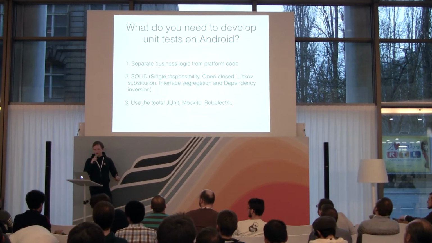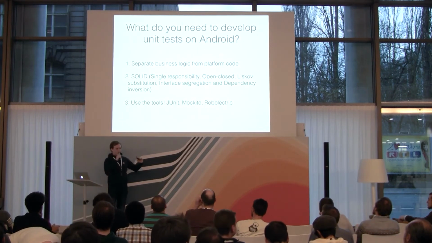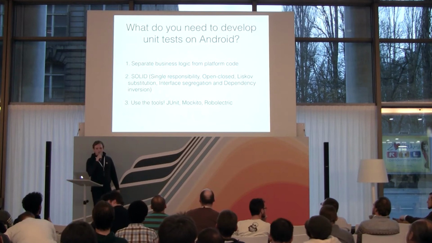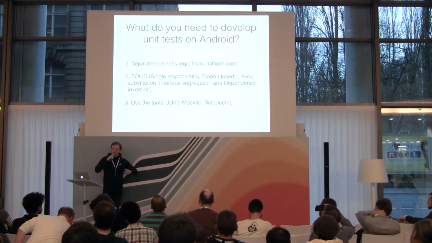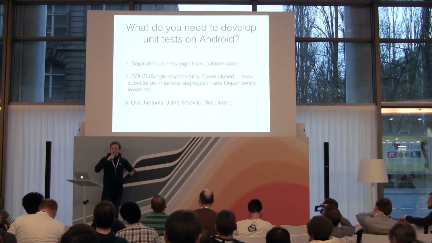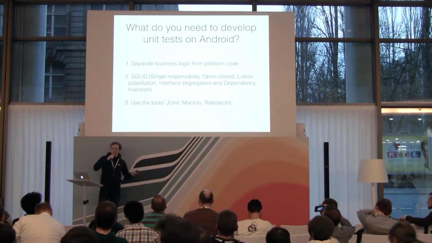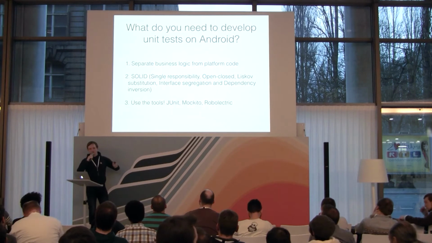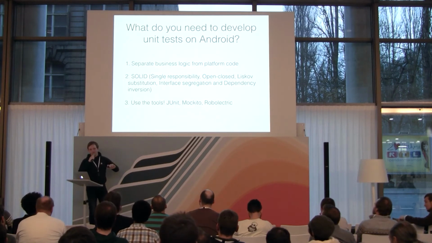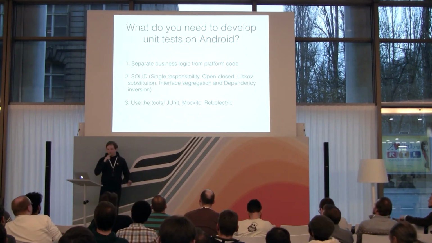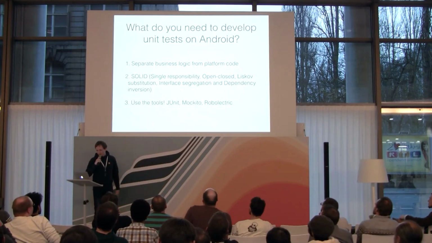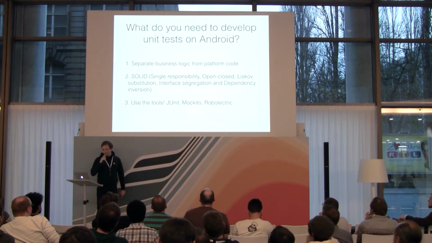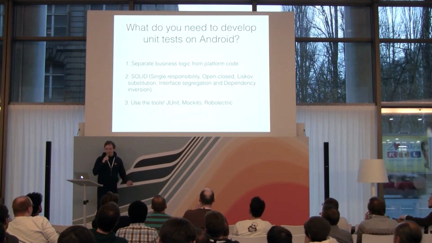First, most important is you should try to separate your business logic from your platform code, from your views, and actually from all the code which is related to, say, Android system. Your business logic shouldn't be within activities or fragments or services, and I'm going to talk a bit about this later. SOLID, single responsibility, dependency injection.